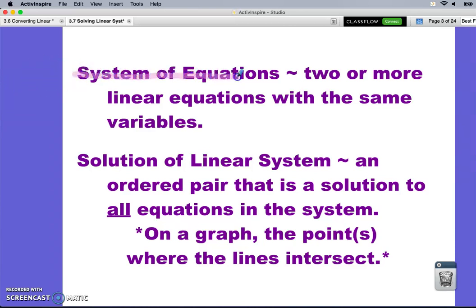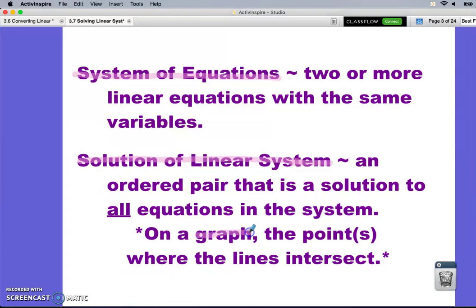So your system of equations is two or more linear equations with the same variables. And then a solution of a linear system is an ordered pair that is a solution to all equations in the system. So on a graph, it's going to be the point where they intersect.